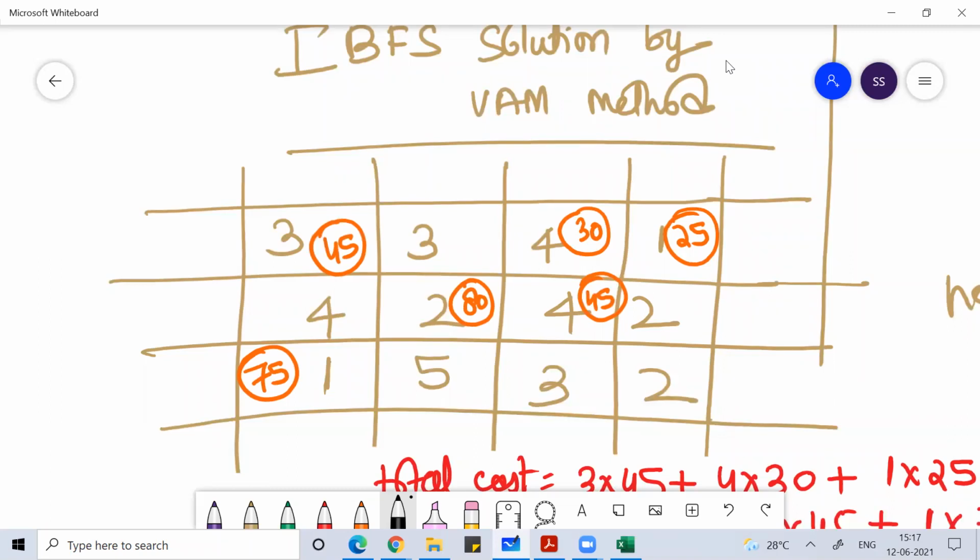The test of optimality, done through the modified method or the stepping stone method, lets us check whether the solution we get is optimal or not.